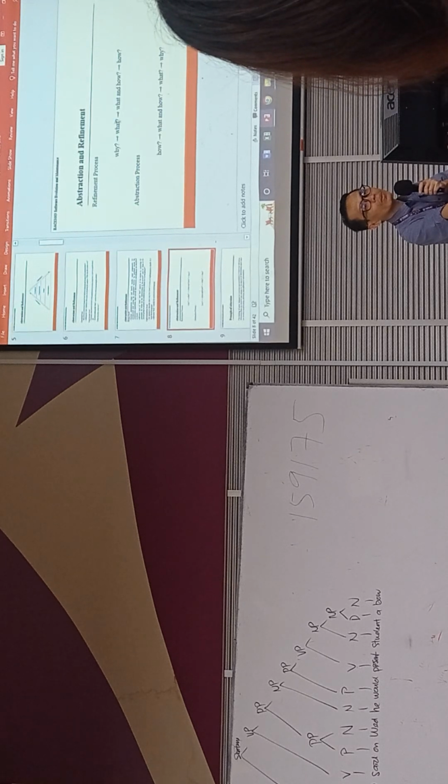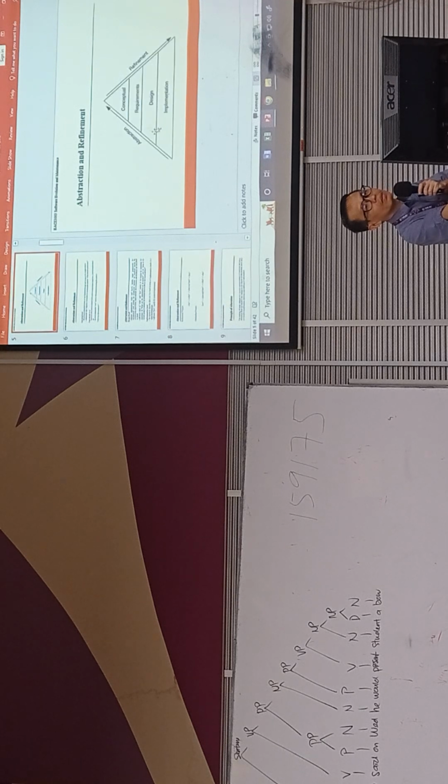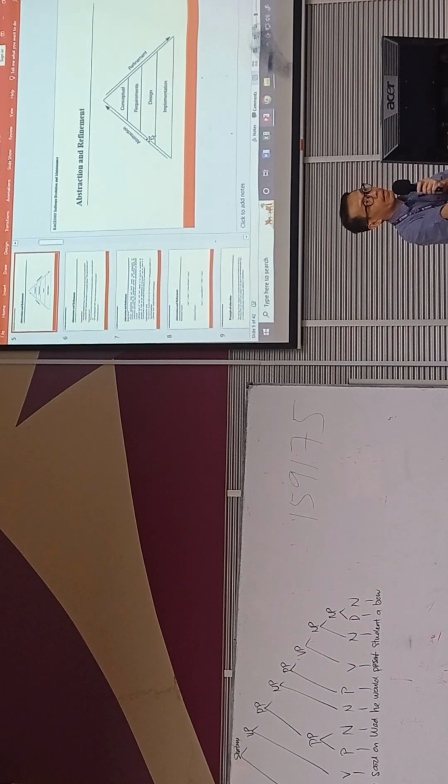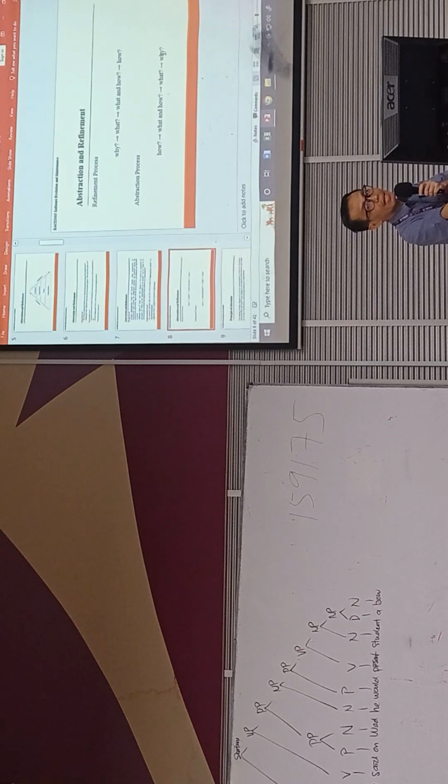So therefore you come to here. The abstraction process starts with how first. How, what and how, why. Understand? What and why? So you can see that. How? What and how? What and why? Understand? Okay, that is shown in the diagram here.